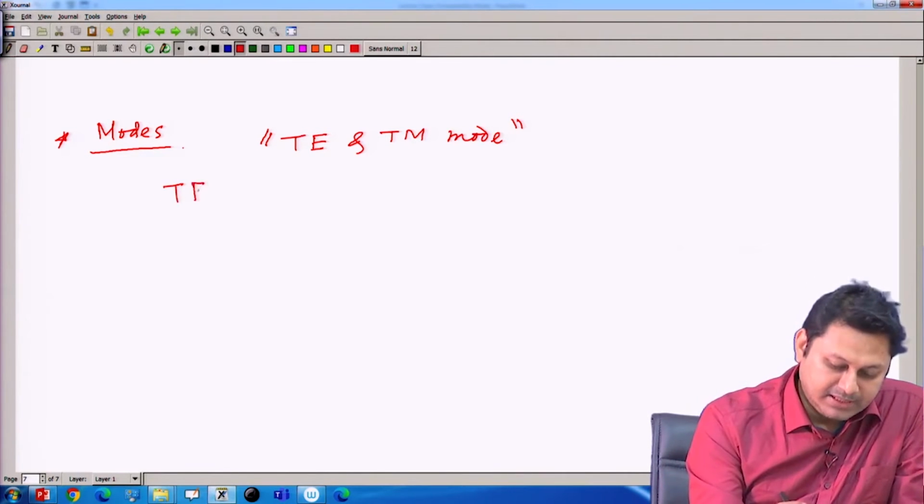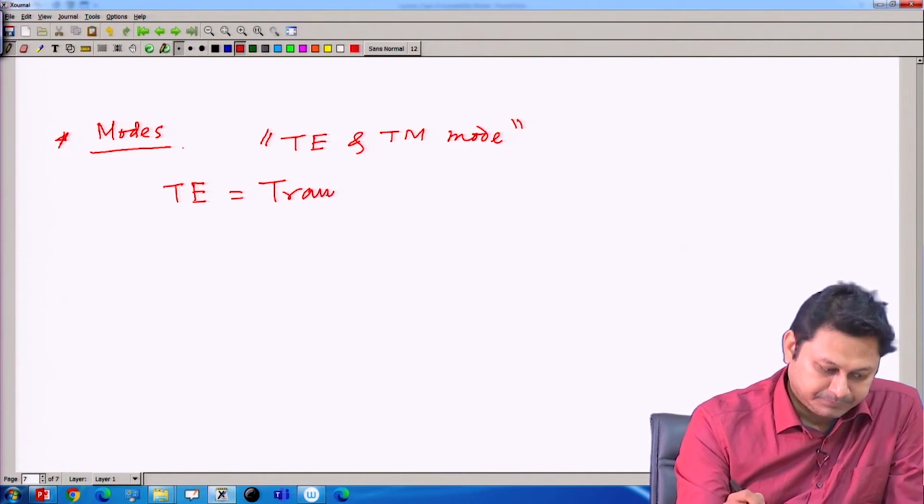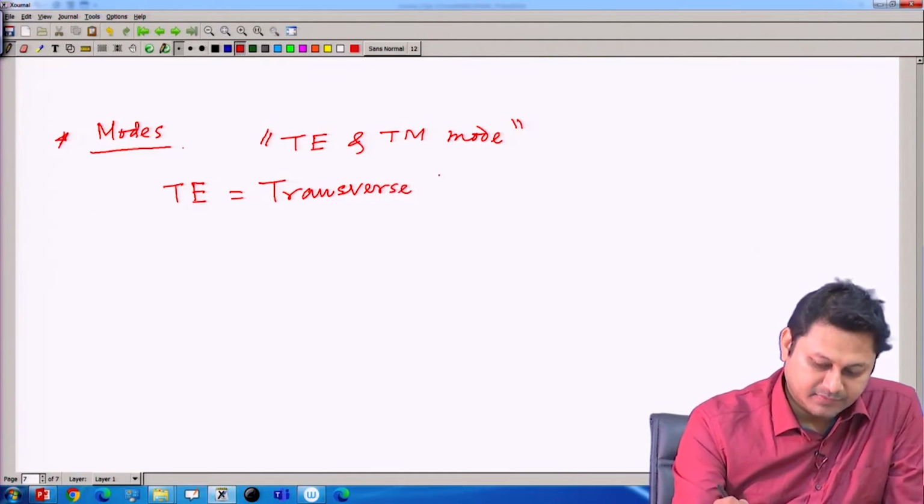So, TE, the term T is for transverse, E for electric.